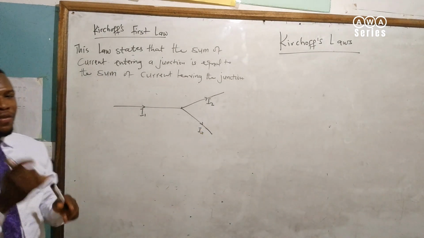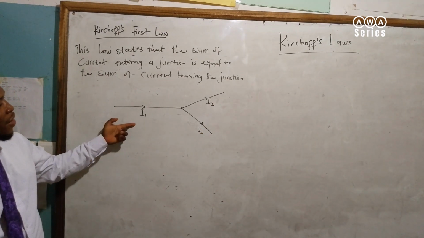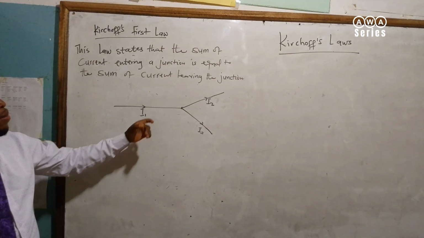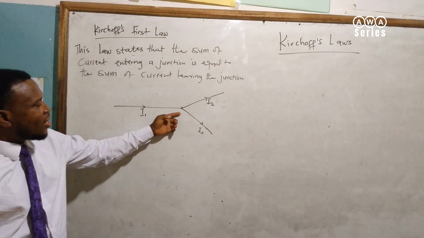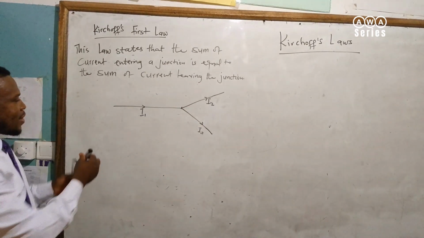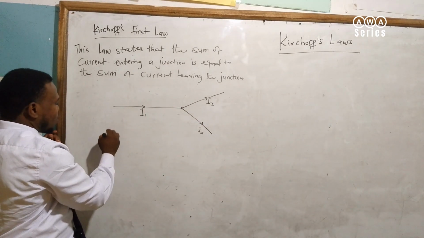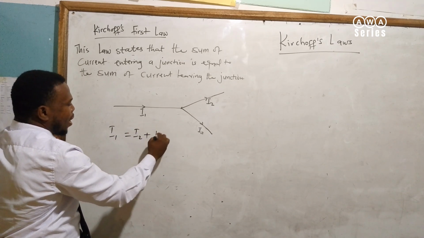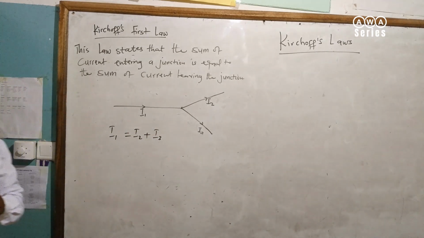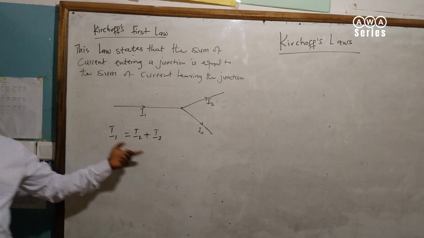Now, per Kirchhoff's first law, the sum of currents entering a junction is the same as the sum of currents leaving the junction. Here, there's only one current that is entering the junction, and here there are two. So the sum of the currents entering the junction is just one. So I1 is equal to I2 plus I3. Very simple. It's a very simple law.